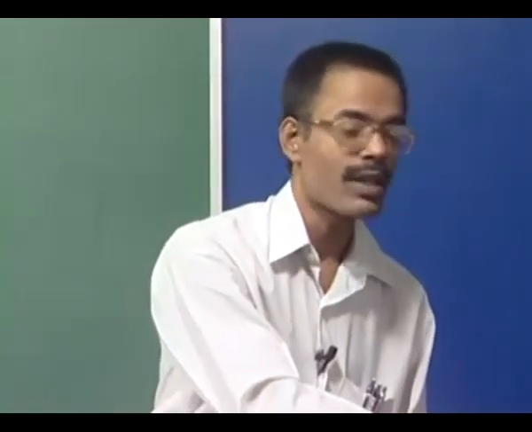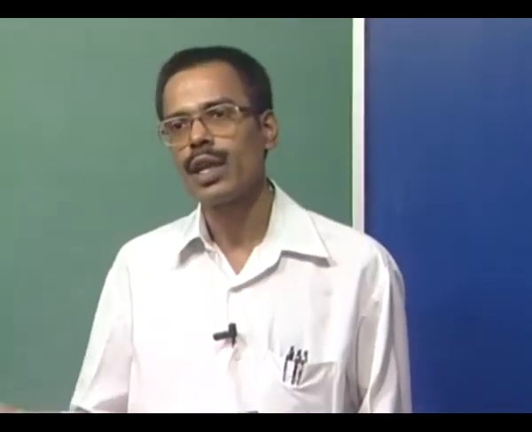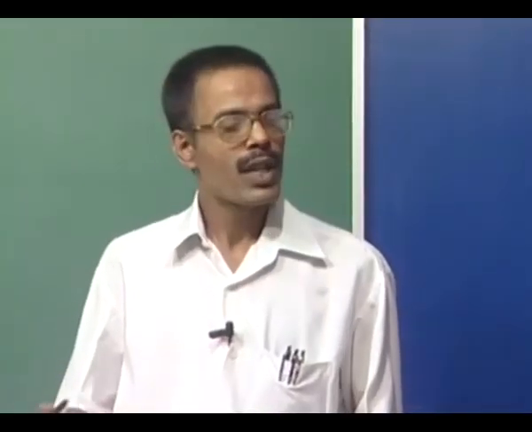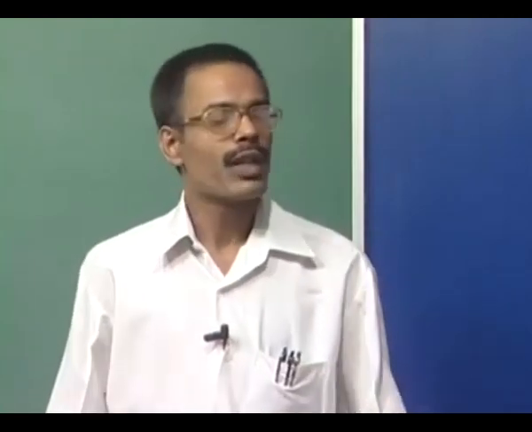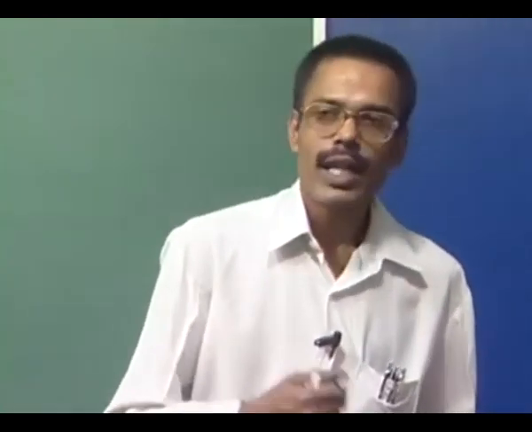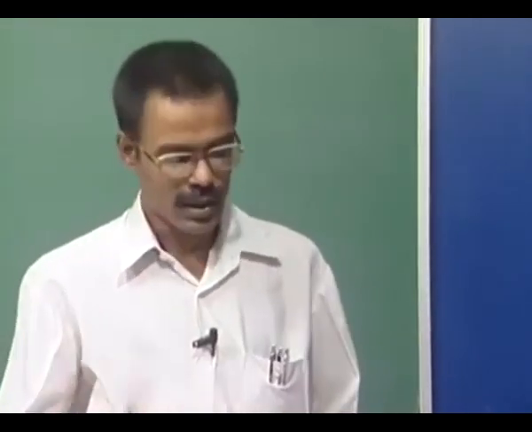Vector function because y itself is a vector, and linear because of this particular relationship. Anything deeper than this we can think of? Other than the description of a linear vector function, other than the description of a function, something more revealing, something deeper we can find out when we try to connect these algebraic entities with geometric entities.